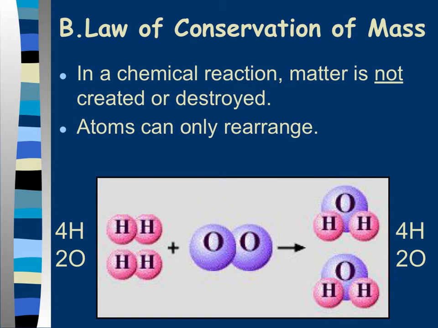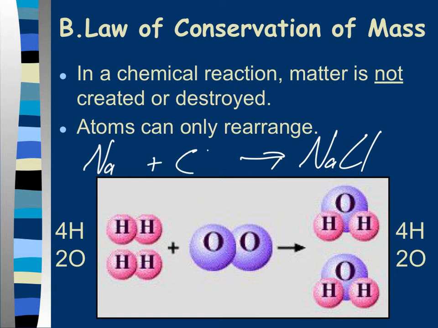Think about something as simple as, say, table salt, right? If you've ever seen table salt, that's just sodium and chloride. Sodium chloride is table salt. Well, that's made from sodium, which is a metal that actually ends up blowing up in open air containers, plus chlorine, which often forms a gas.